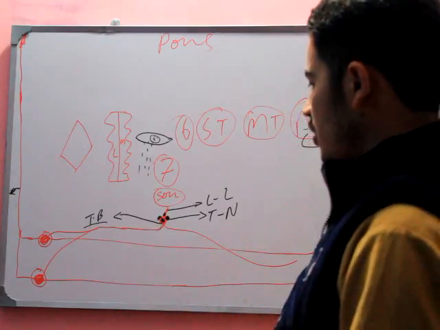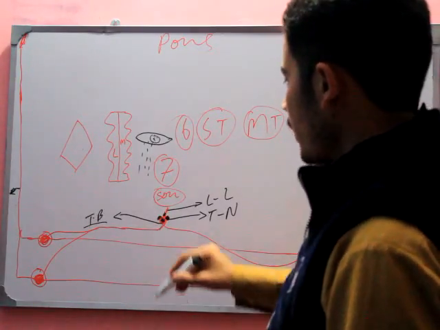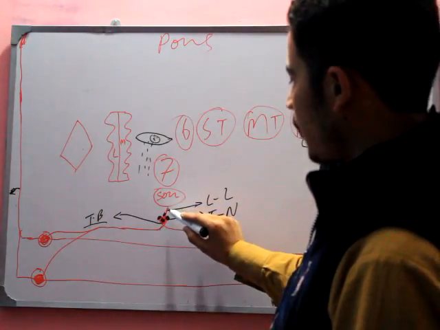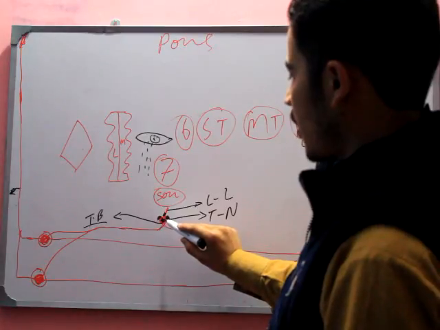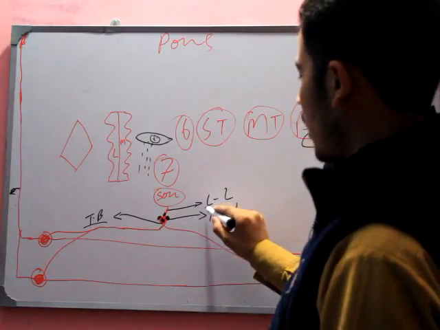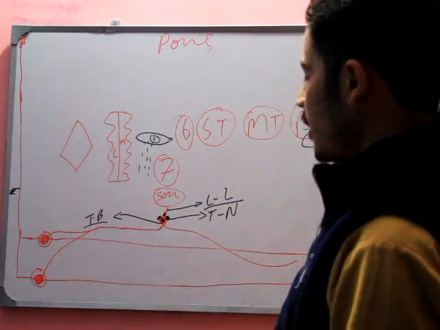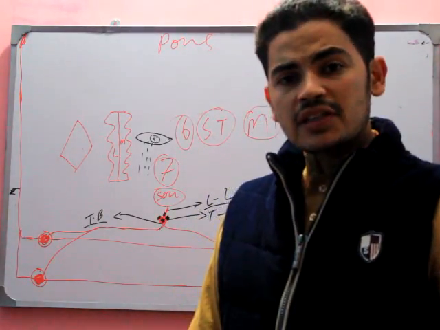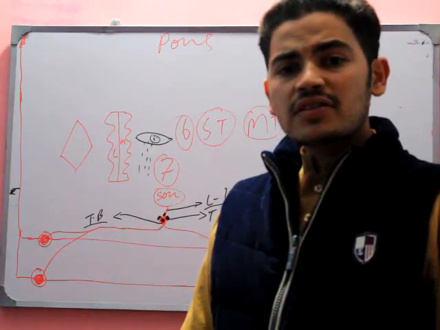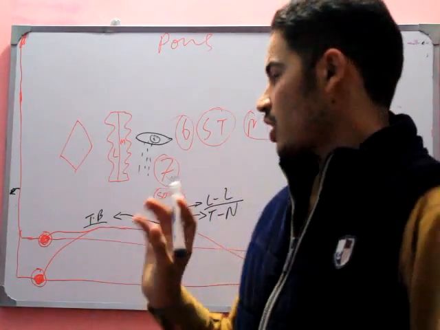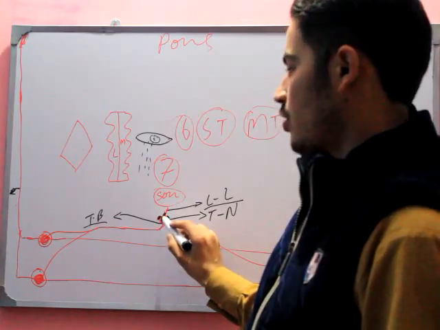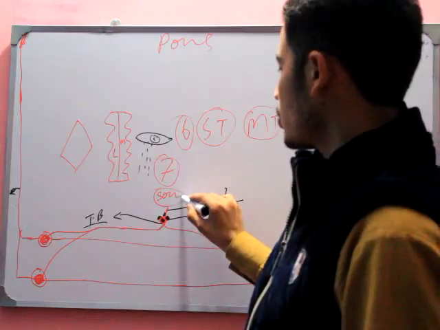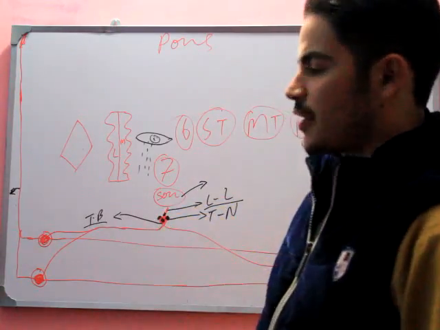Now these crossed fibers, when they go upward from the spot of crossing, are called lateral lemniscus. So lateral lemniscus are the fibers which are coming from your trapezoid body, further proceeding towards your superior olivary nuclei.